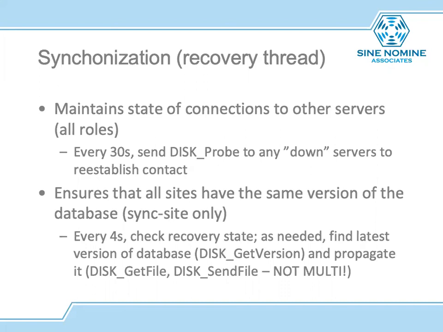But if it determines that somebody else has the most recent version, then it will request that version from the other server using a disk get file RPC, and doesn't do anything else until it gets a complete copy of the latest version. Then once that's completed, it will propagate that to the others again with the same RPC that I mentioned before, the disk send file.